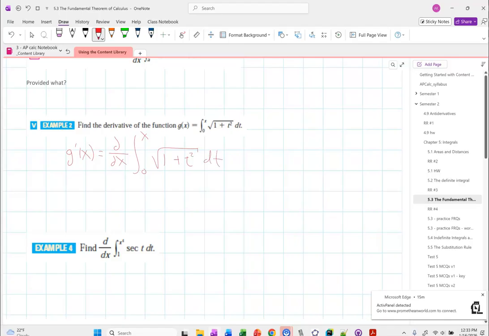So that's what we're doing, right? What are we going to get? x squared, right? The variable has to match.